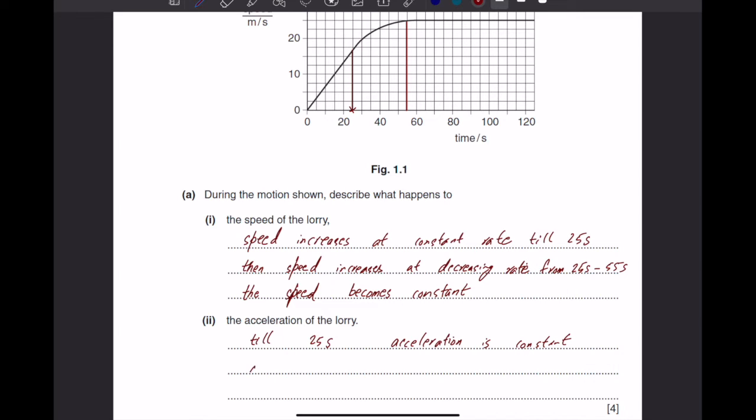And then acceleration decreases till 55 seconds. Then finally, acceleration becomes 0, as the gradient is 0.